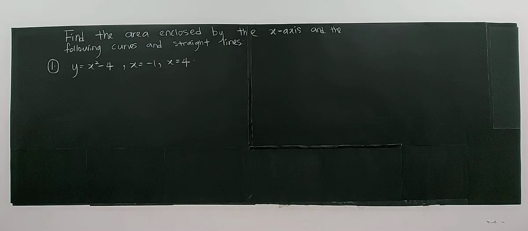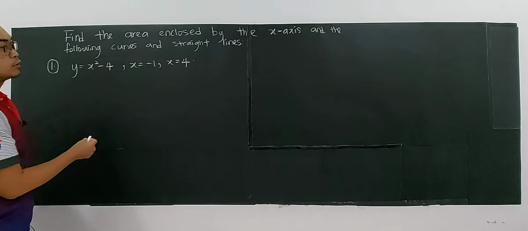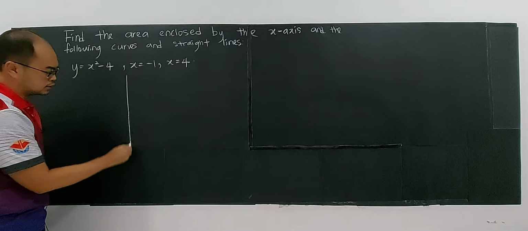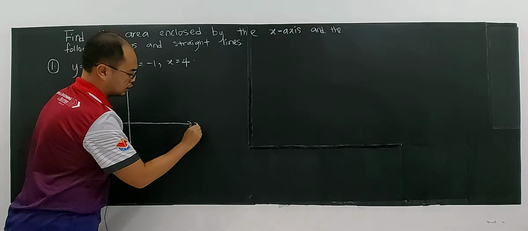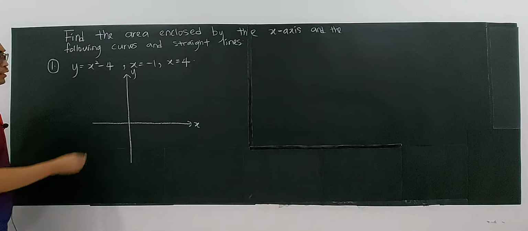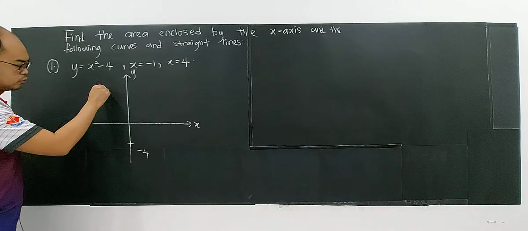Look at this. The question says find the area enclosed or bounded by the x-axis and the following curve. Of course we must know the shape of the curve, so we have to know where the curve is located. As x squared minus 4, the curve will be moving this way.